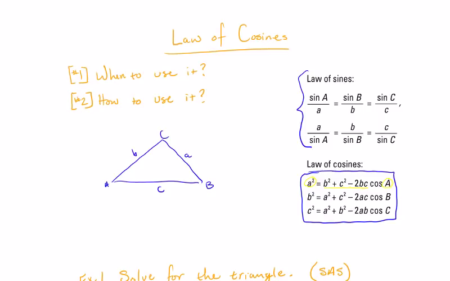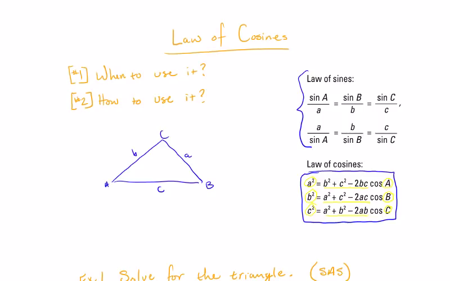That's how I memorize it. So if I'm using b squared, then I know I have to use angle B, and then I have to use a and c in that part of the equation. So: opposite side with the opposite angle, and then using the other sides within that equation.